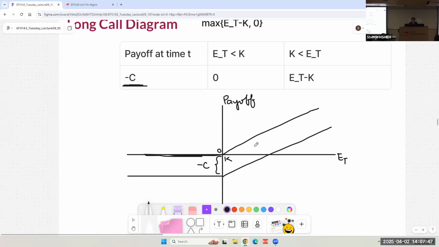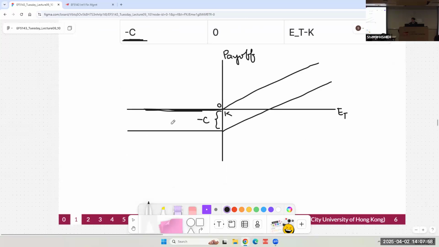This tells us that if you engage in a long call option, you're basically asking for two things, right? You're protecting yourself from the downside, so you limit your losses to minus C. That's the most you can lose if the asset price goes below K. Goes to zero, doesn't matter.